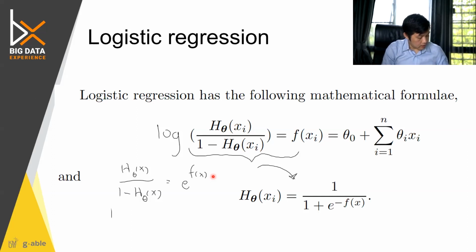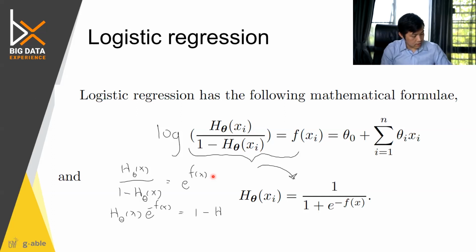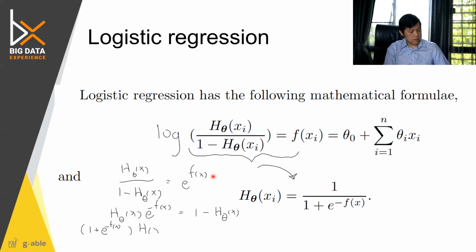You have h theta x e to the minus fx equal 1 minus h theta x, and afterward just put it together. You have 1 plus e to the minus fx hx equal 1, then you get this one. All right, so this is how you associate the regression to this. This is called logistic function.